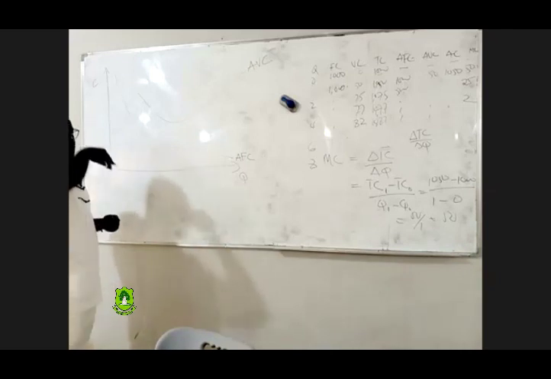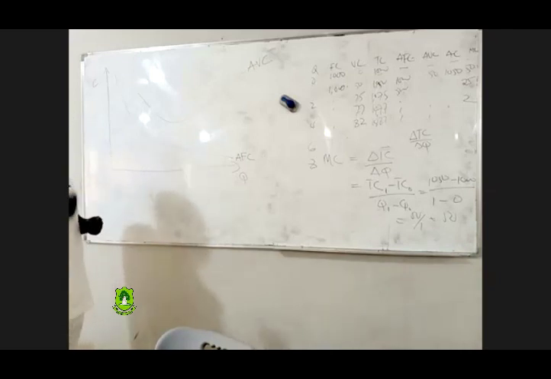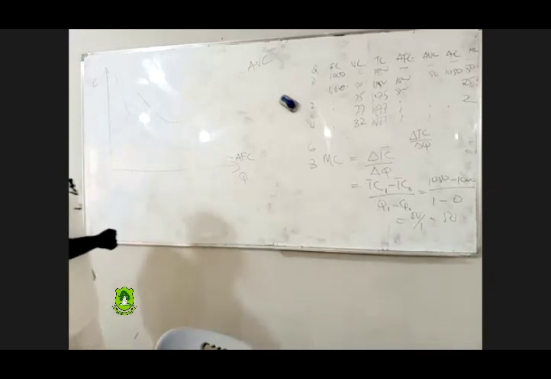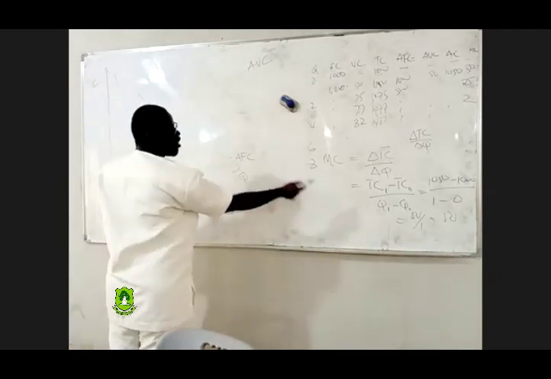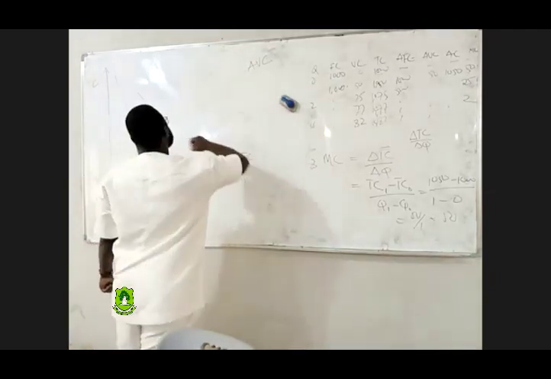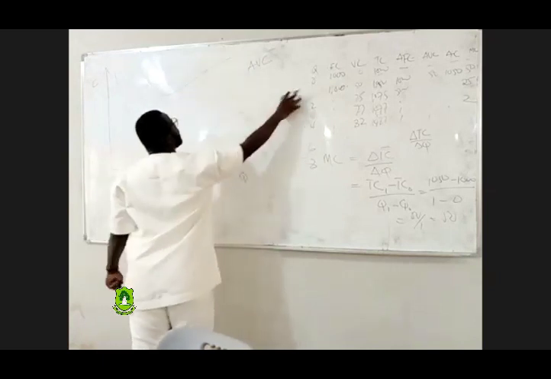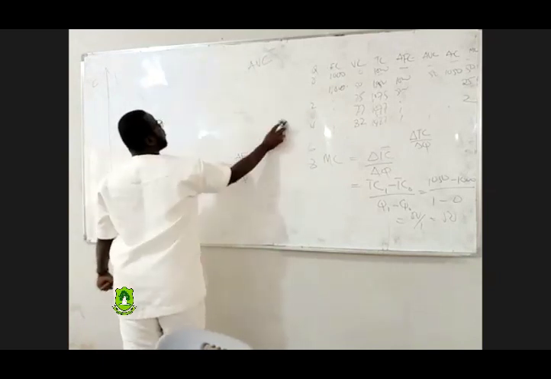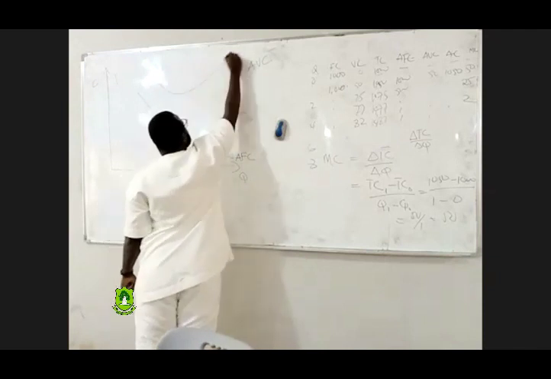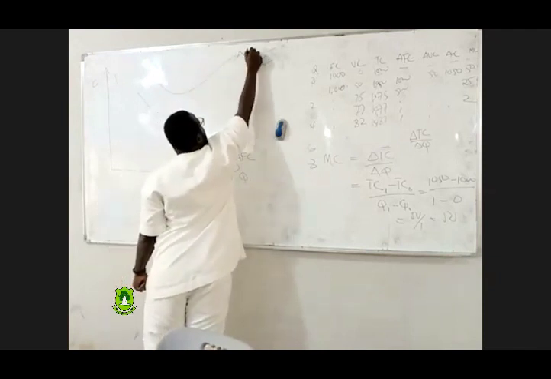Okay. Now let's proceed. The other one that we are going to look at is the average what? So I've counted the average cost curve. The average cost curve comes above the average variable cost.